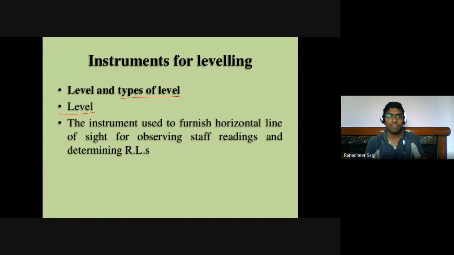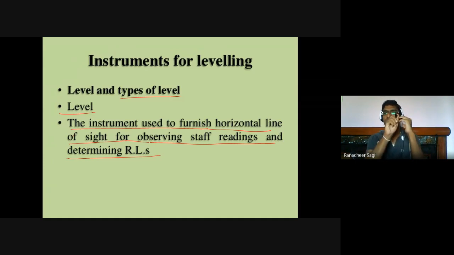So what is meant by level? Level is nothing but the instrument used to furnish a horizontal line of sight for observing staff readings and determining the RLs. So level is an instrument through which you can have a horizontal line of sight.